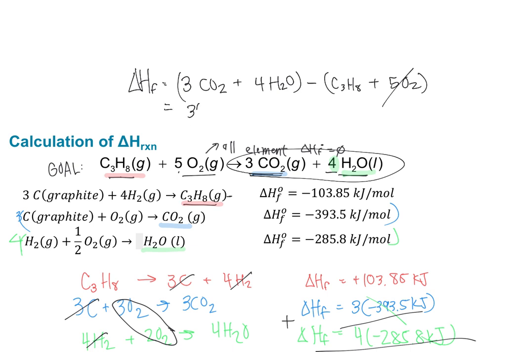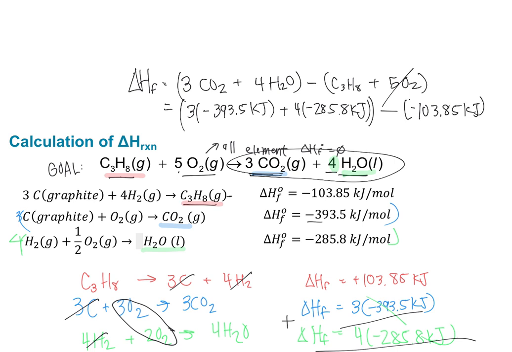We're going to have 3 times carbon dioxide, which is negative 393.5 kilojoules, plus 4 times water, which was negative 285.8 kilojoules, minus our propane value, which was negative 103.85 kilojoules.